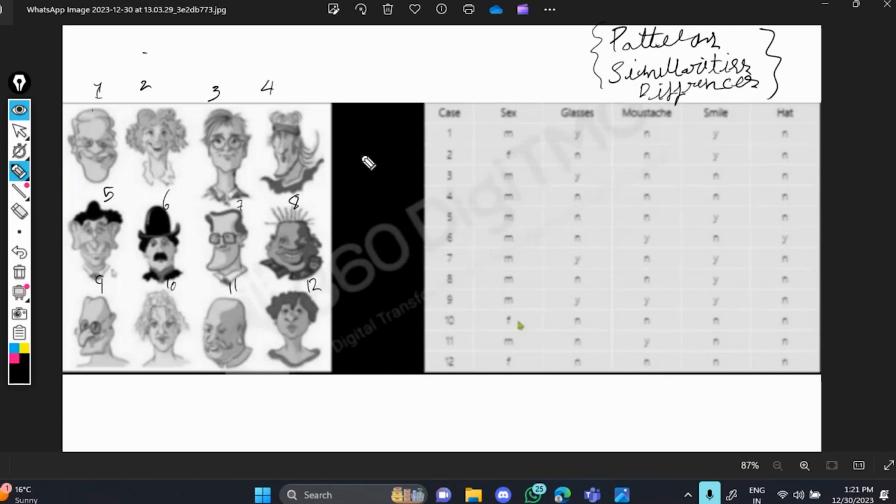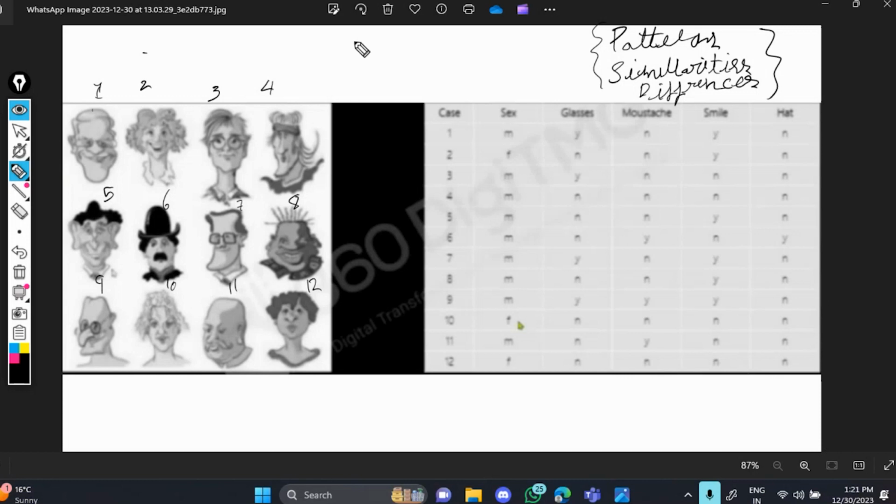And if we follow our patterns, then there will be some similarities in these people. Say we have 12 faces here, right? So what can we say as similarities?